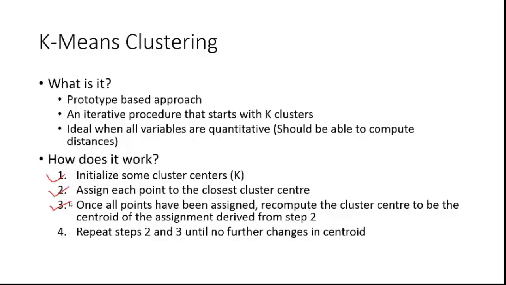And once you've done the assignment all over again, you find the centroid. Once you find the centroid, you do the assignment. That's how it's an iterative process. So essentially, you're repeating these steps 2 and 3 until the centroid is not moving any further. Or in some cases, you might say the centroid is moving by an amount small enough that is within your tolerance.